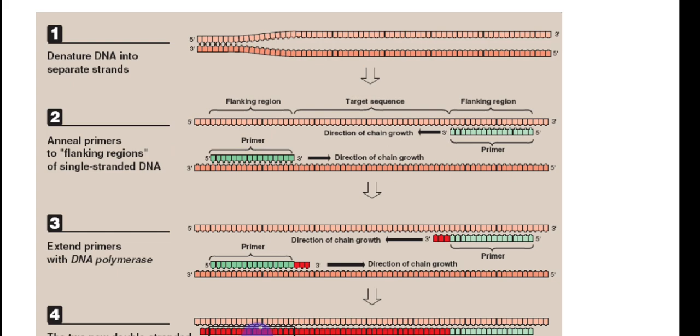The third step is the extension of the primers. In this, the DNA polymerase uses dNTPs, deoxyribonucleotides, which are added in the test tube, and the temperature is increased to 72 degrees C, which is the optimal temperature for the working of the enzyme.